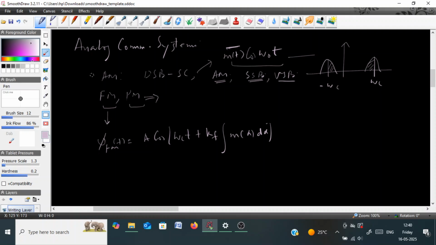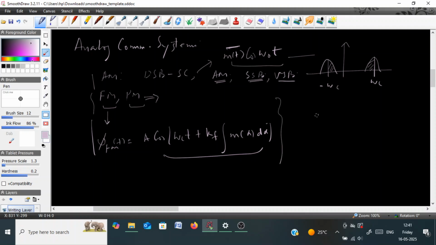So all the modulation techniques that we have discussed so far have a well-defined mathematical relationship, or you can express all the modulated signals using well-defined mathematical relationships. And then we have seen the circuits, how you can generate and how you can demodulate the message signal from the modulated signal.